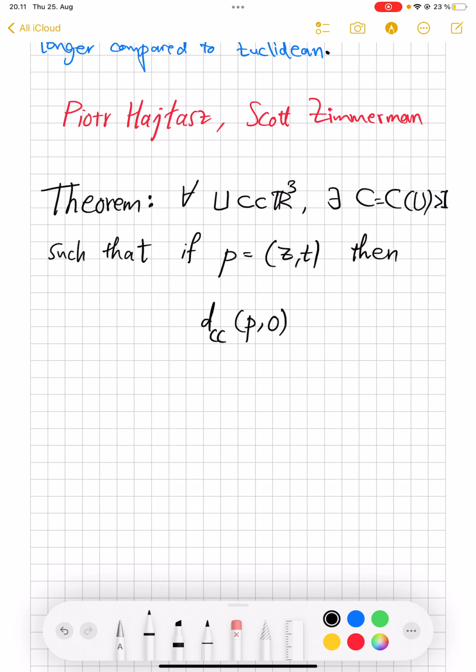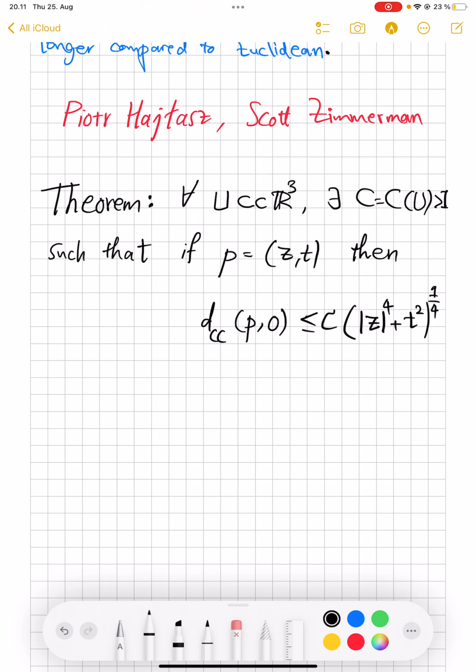Therefore, this theorem is a great way of estimating that. It says that, remember this z is a complex number here, so you raise z to the power 4, you raise t to the power 2, and then you take the 4th root.